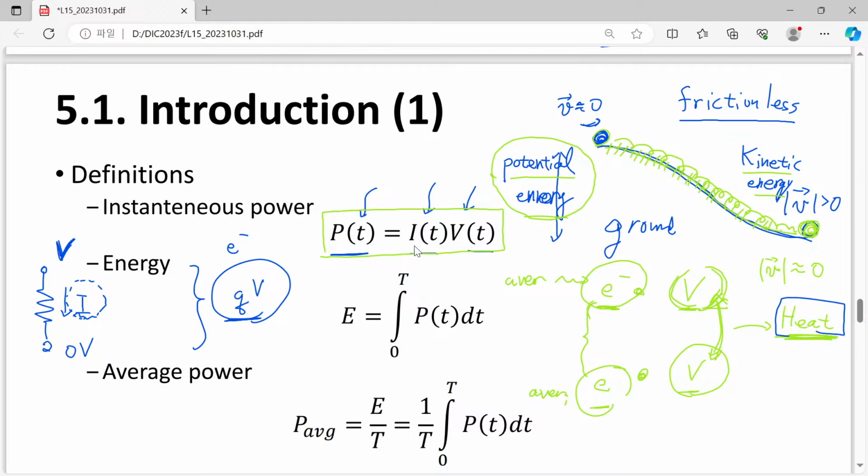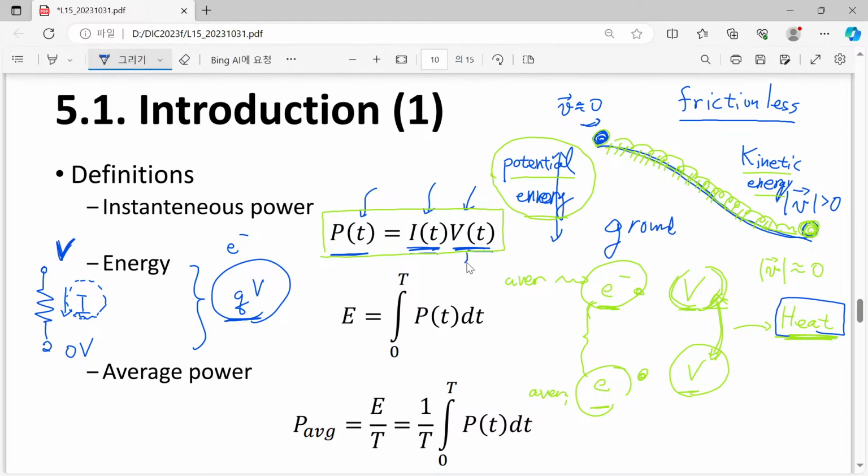So that's the reason why we have I here, also V here. V corresponds to the energy loss due to one single electron, and I represents how many electrons are involved in this energy losing or energy dissipating procedure.